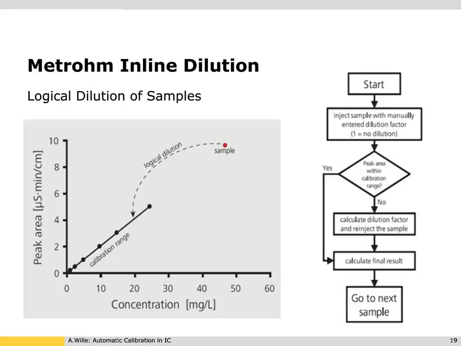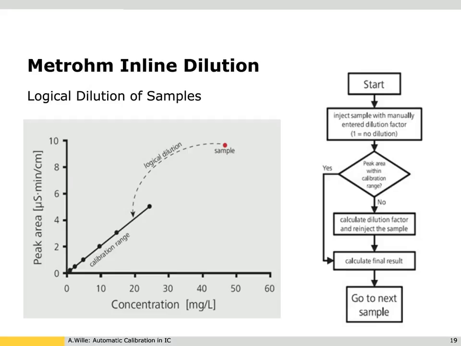If they are within the calibration range, everything is fine and your final results are reported. If they are out of the calibration range, the sample is automatically diluted by the optimal dilution factor, and this optimal dilution factor is calculated by the system itself and then automatically re-injected.